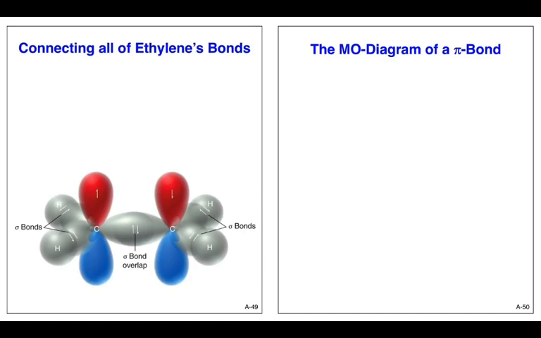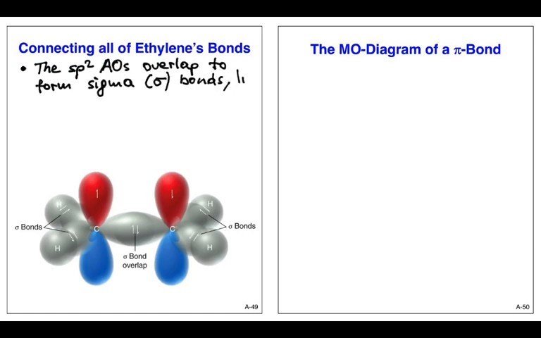Now we can connect all the bonds together in ethylene. First of all we get sigma bonds, where we have head-on overlap, similar to how we formed H2 or methane. The sigma bonds are all shown in gray here. First one between the 2 carbon atoms, then a CH sigma bond, another CH sigma bond, another CH sigma bond, and the last one.